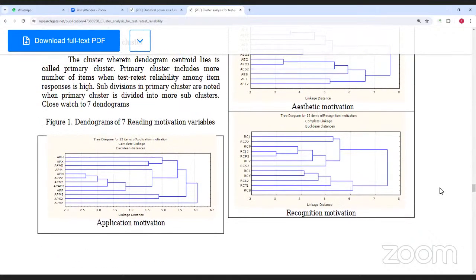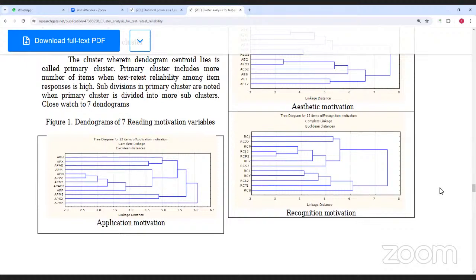Recognition motivation is the externally motivated one, and you will find that these items are not clustered together properly. For example, the first item is RC1 and RC22.